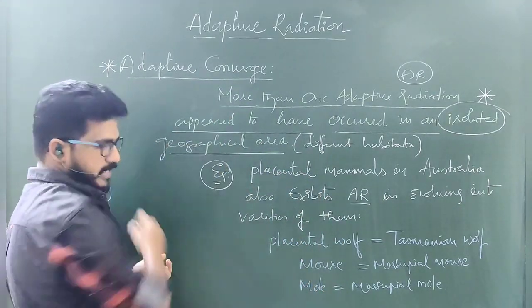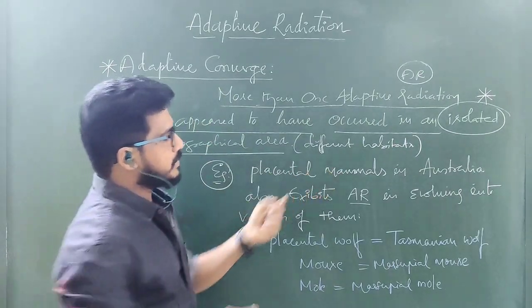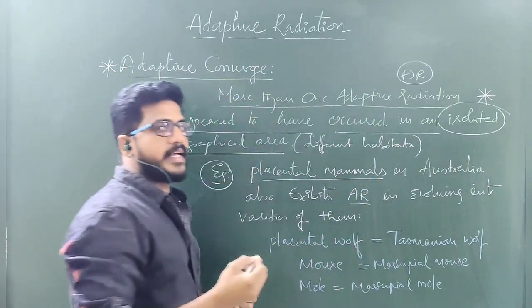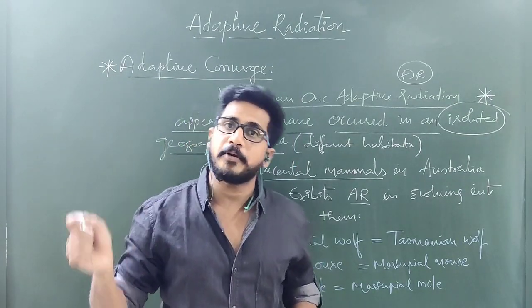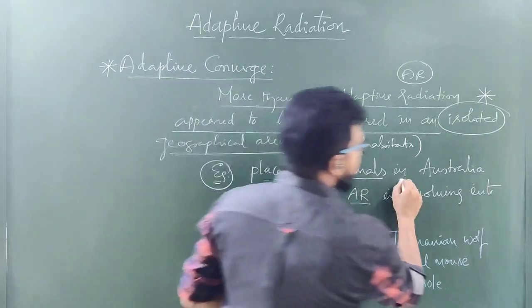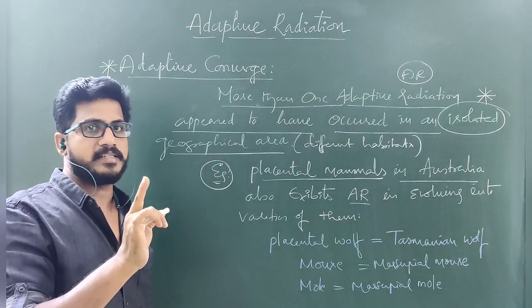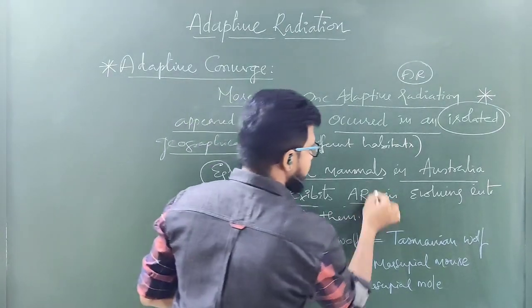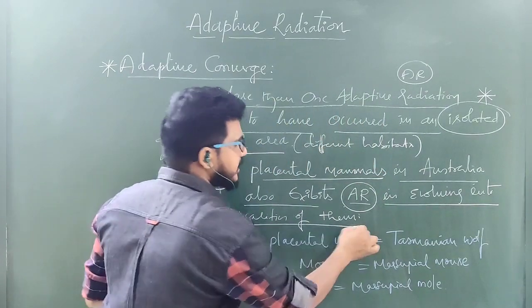For a better understanding, let me give you an example. Placental mammals, as I already told you, are an example for adaptive divergence. But here also placental mammals in Australia come under the example, in a special case.